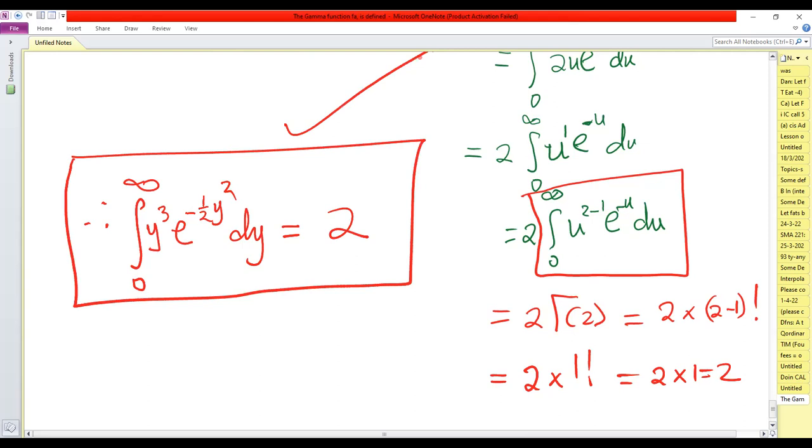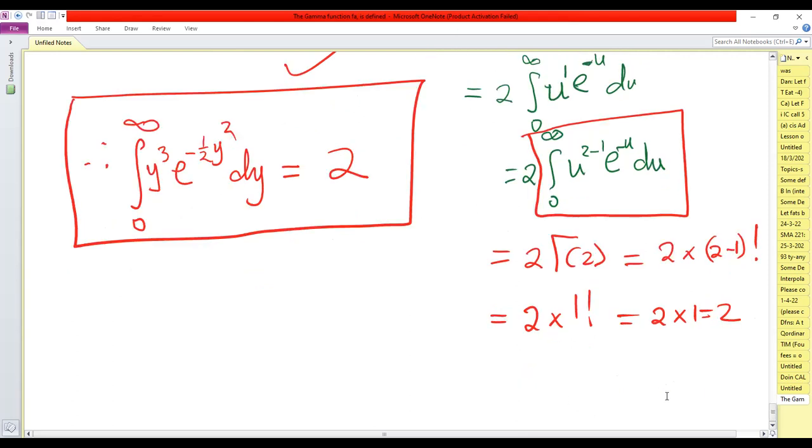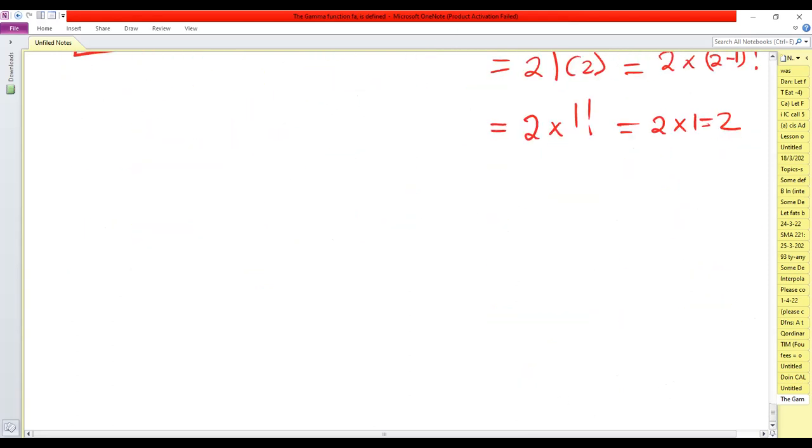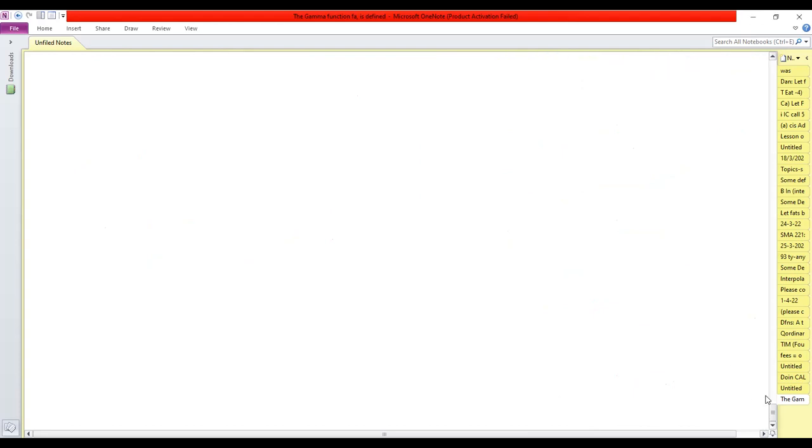And then the second part, we were to evaluate the integral 2 times the integral from 0 to infinity of square root of y e raised power minus square root of y dy.